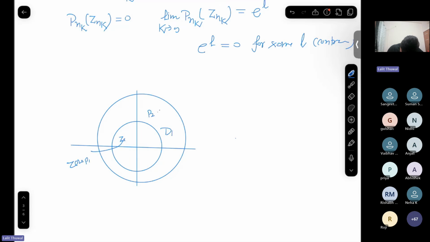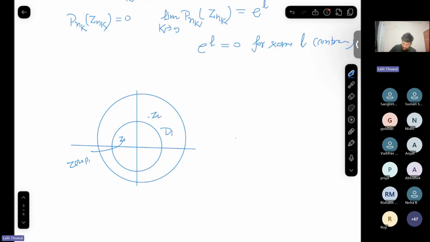But is this possible or not? It might be possible that when we have taken D1, all the zeros of P2 are also inside it. So z2 can be here also.